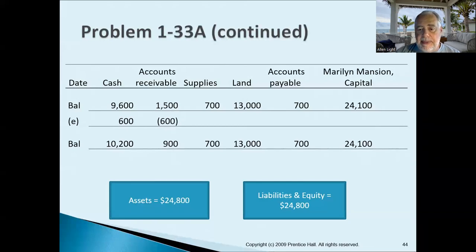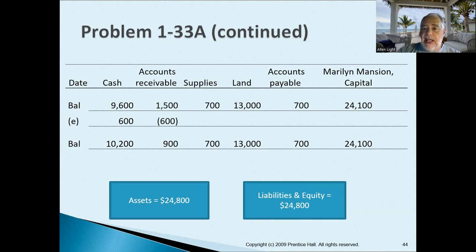So now this time, again, 2 items were affected, but they're on the same side of the equation. So I've got a plus of $600 in cash and a minus of $600 because they paid part of what they owed me. So they don't owe me $1,500 anymore. They only owe me $900 now. So I subtract it.